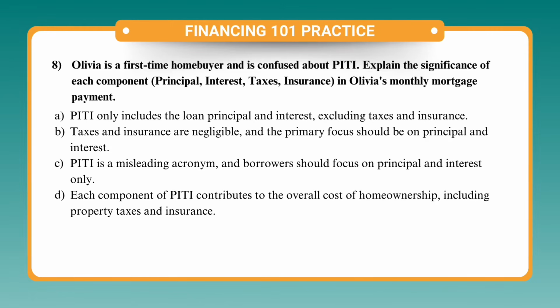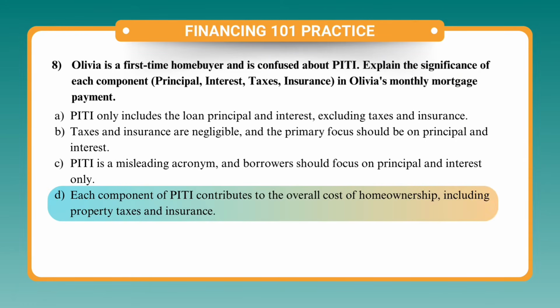B, taxes and insurance are negligible and the primary focus should be on principal and interest? C, PITI is a misleading acronym and borrowers should focus on principal and interest only? D, each component of PITI contributes to the overall cost of homeownership, including property taxes and insurance.